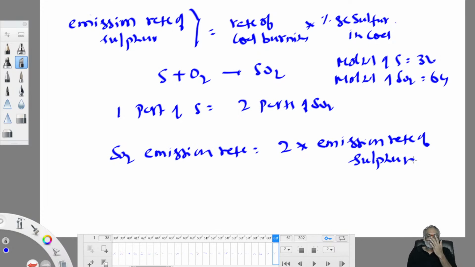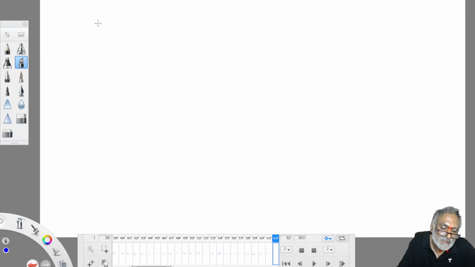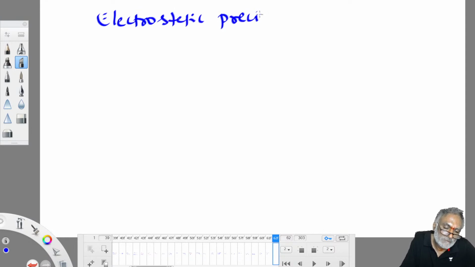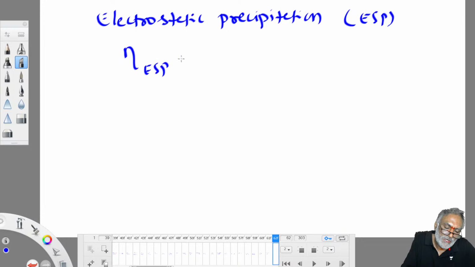In addition to that, they also ask control equipment design, such as electrostatic precipitators. Based on the efficiency formula we can design. It is 1 minus e power minus WA by Q, into 100.